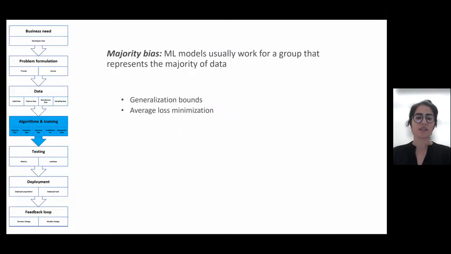The first one, which is very well known, is majority bias. ML models by definition usually work very well for groups that represent the majority of data. The generalization bounds that exist for ML models, and also the way that we train models, average loss minimization, are all good for the majority.